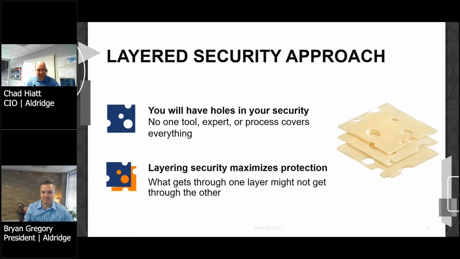But if I start to layer pieces of Swiss cheese on top of each other, the holes don't align, or at least don't align consistently all the way down through. So what one tool doesn't stop, the next one has an opportunity to stop or detect. The next one, and I build a stack that's appropriate to my level of business risk and the assets that I've got and the business posture that I want to operate within.